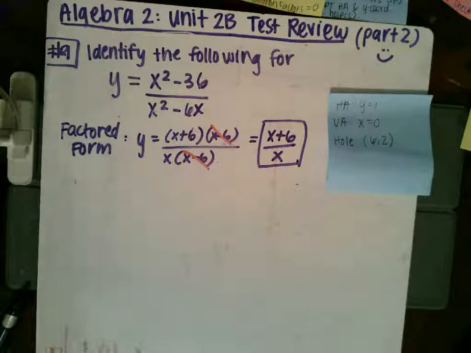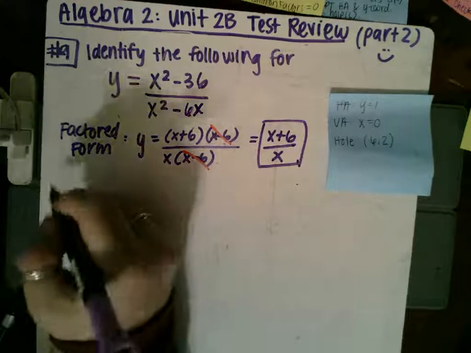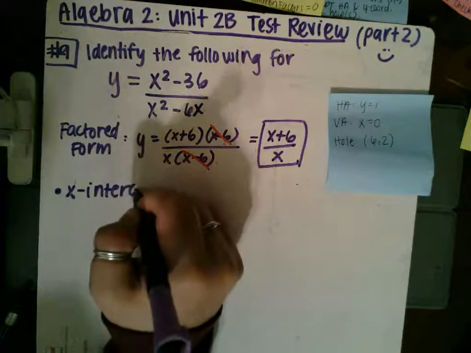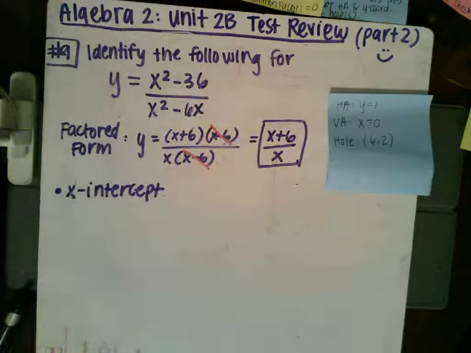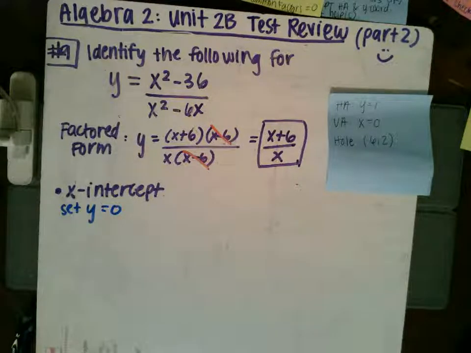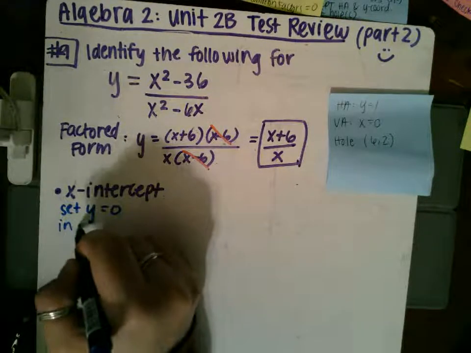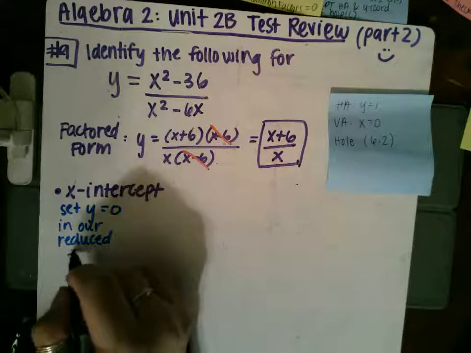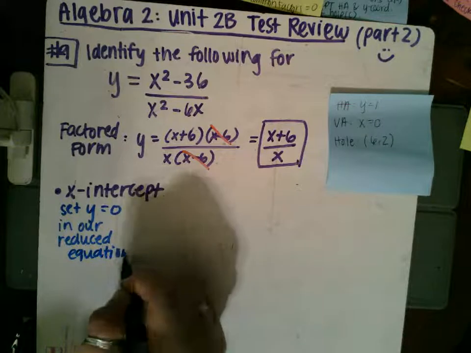The last things we are looking for in our key features is it asks us to identify the x-intercept. We know how to find an x-intercept. We set y equal to 0 in our reduced equation, the x plus 6 over x.